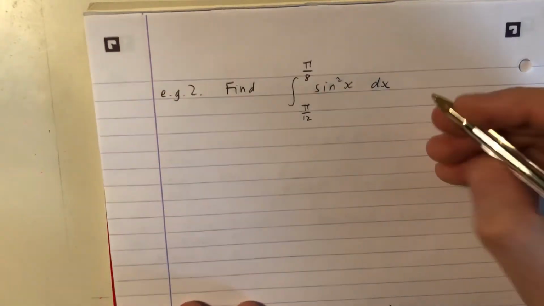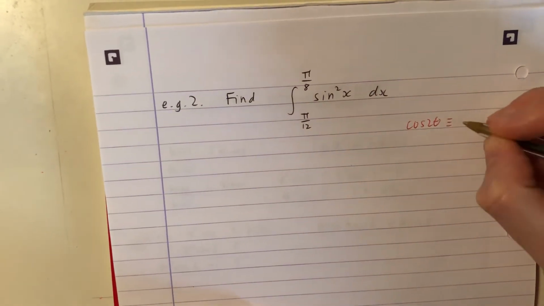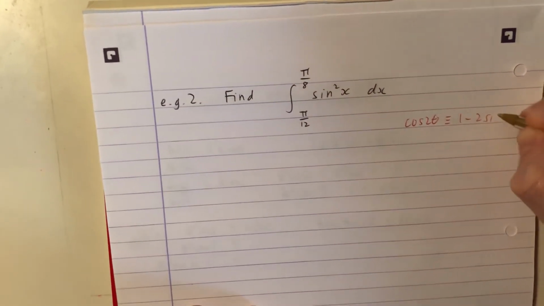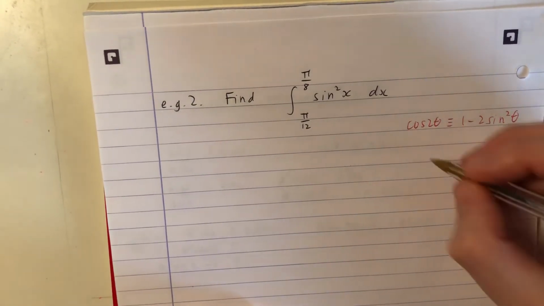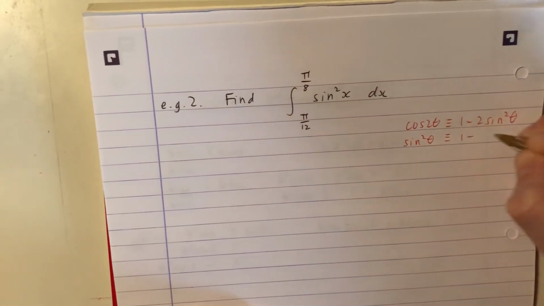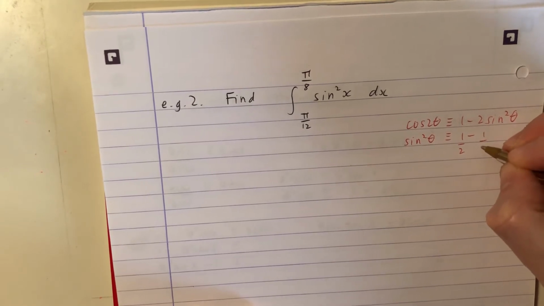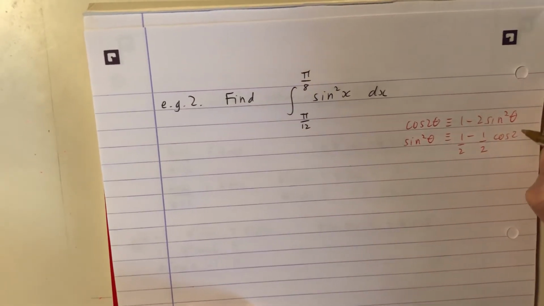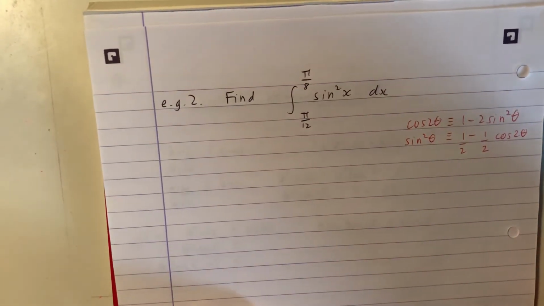So that was cos 2 theta is identical to 1 minus 2 sine squared theta. If I made sine squared theta the subject, it'd be a half subtract a half cos 2 theta. Add, subtract, divide by 2.